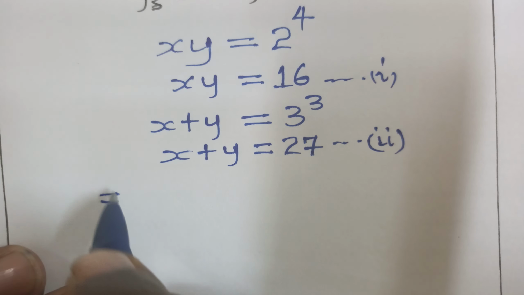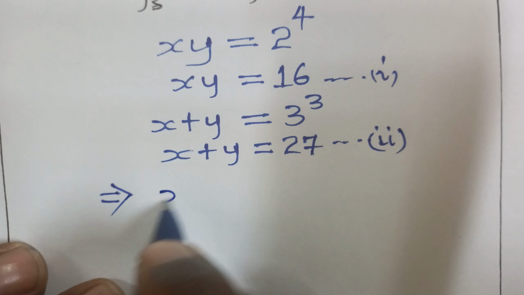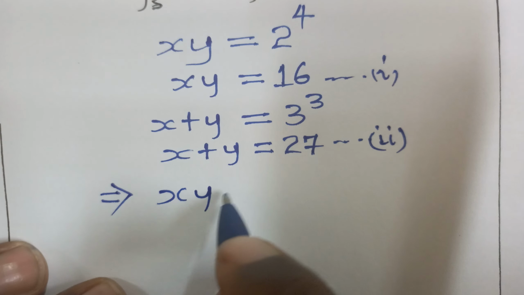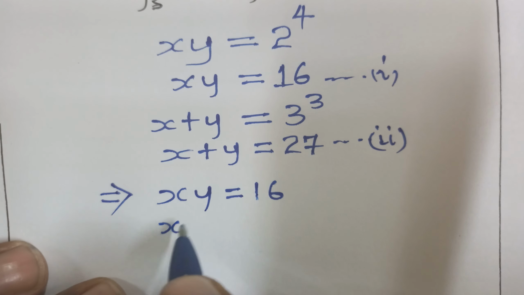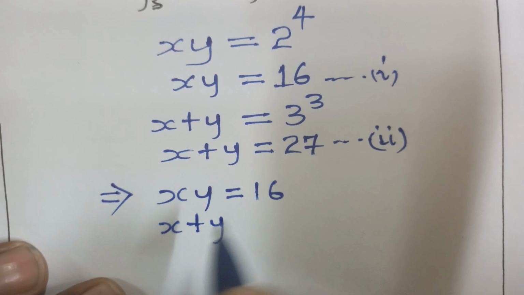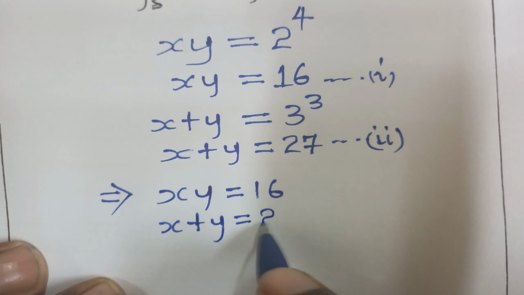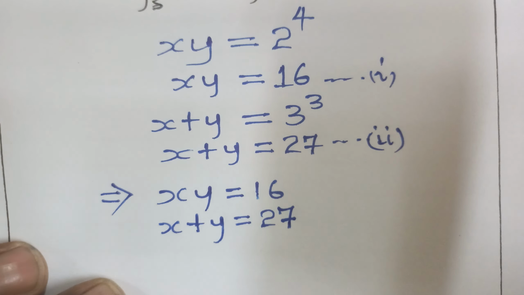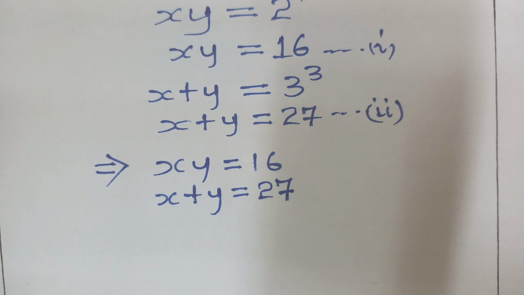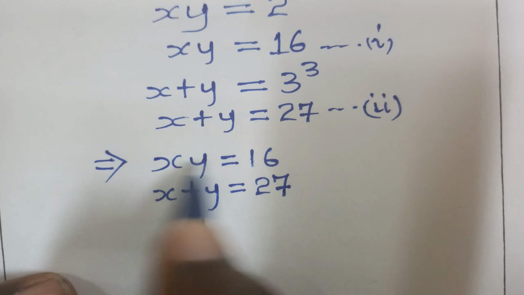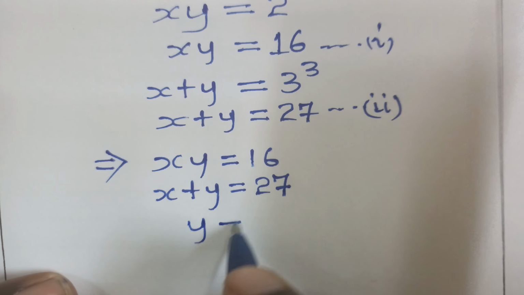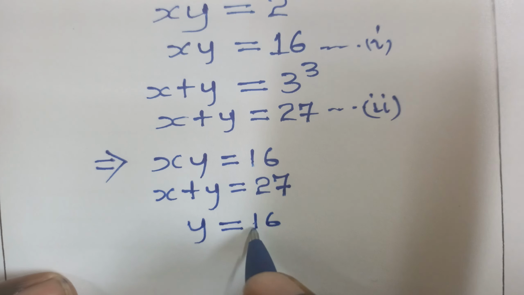Maybe I can write them right here now. xy equals 16, and then we have x plus y equals 27. I can use the first equation and say y equals 16 over x.